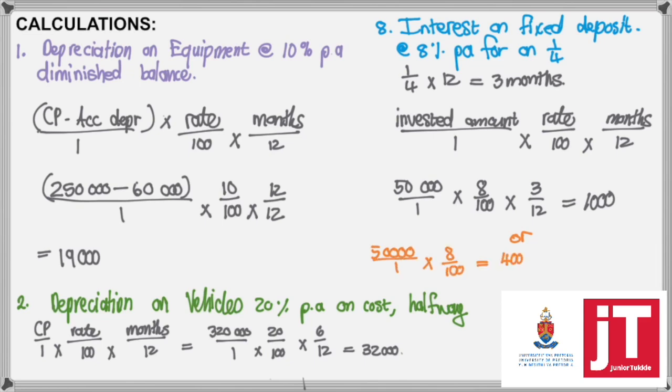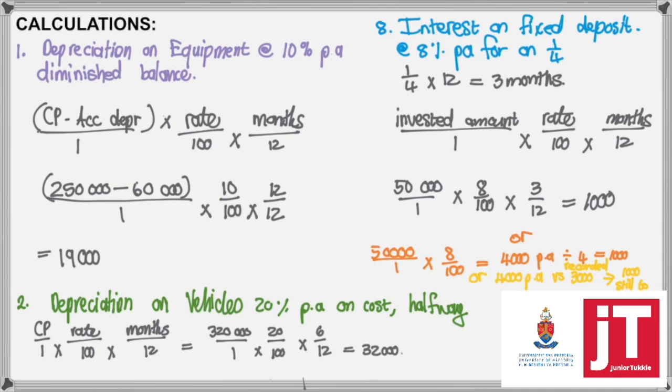Or you could have said your 50,000 times 8 over 100 for the entire year gives you 4,000 Rand per annum. Divide by 4, because a quarter is 4 pieces. That gives us 1,000 Rand. Or you can even say 4,000 versus the 3,000 we've already recorded.